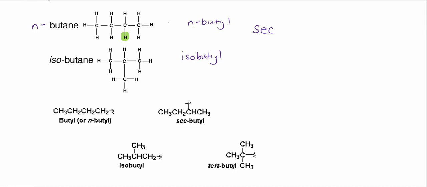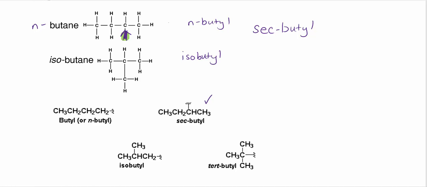So we add sec to say we've removed a secondary hydrogen, butyl. So now I have a sec-butyl group. When this group attaches to something, it's going to attach at this point right here. That's a sec-butyl group. You see that denoted right here.